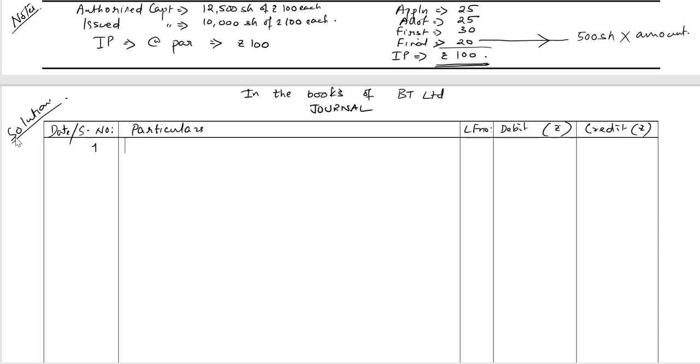The first journal entry for the application money received: bank account debit to share application account for application money received.